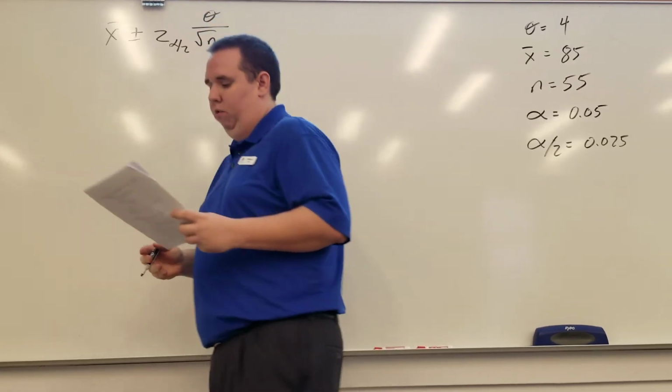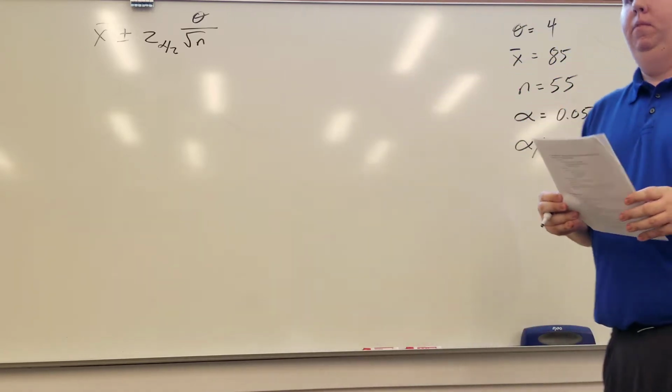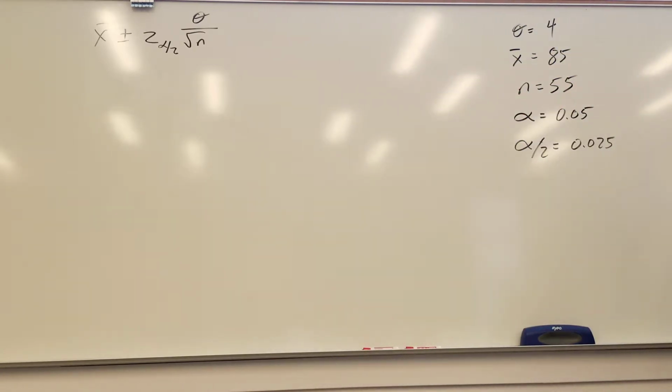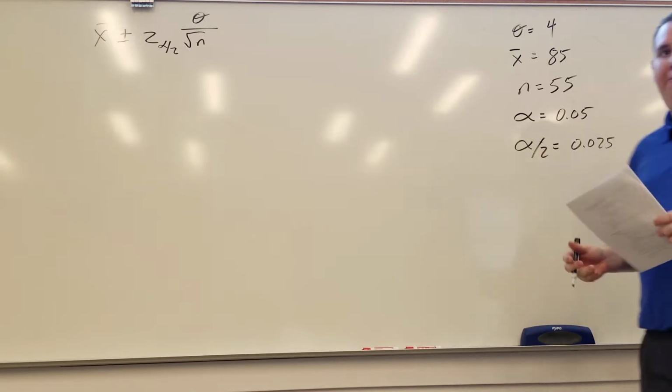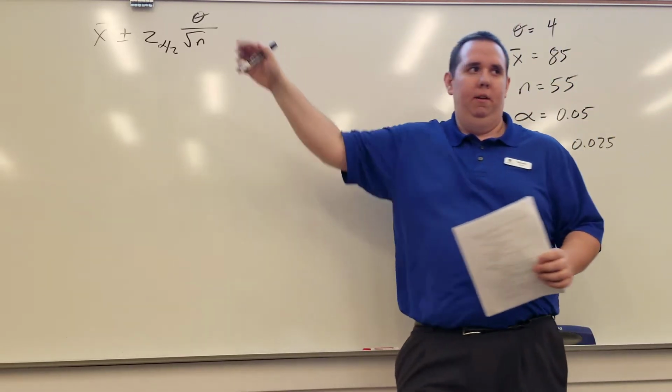And then we get to the point of the finite correction factor. How can we tell if we can use the finite correction factor again? You can't because you don't have big N. Right, so we would have to do little n over big N. We don't have big N, so we assume that the population is infinite, and there's no way that we can use that finite correction factor. So we just drop that off at the very end.